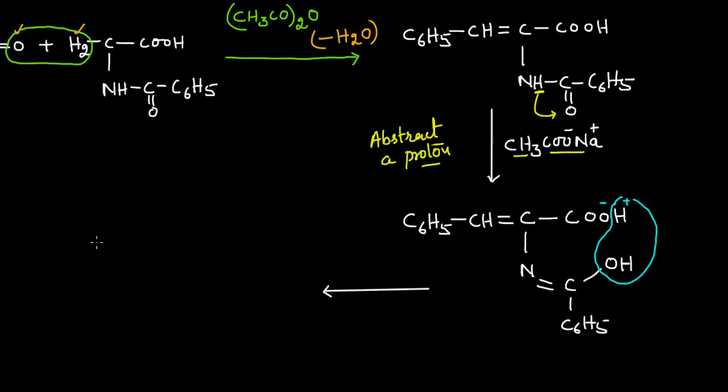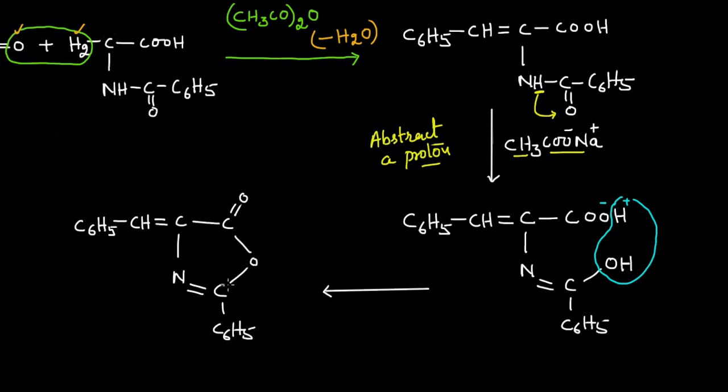We get a cyclic product, that is C6H5 CH double bond C, this is C double bond O, and this is N double bond C, C6H5, and this oxygen atom. This particular formation is known as azlactone.